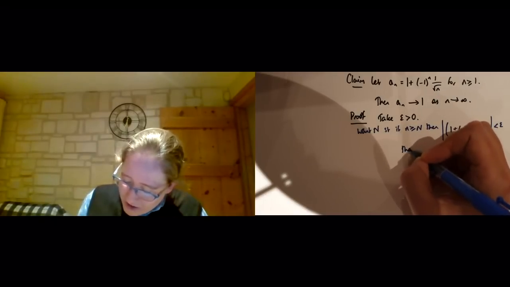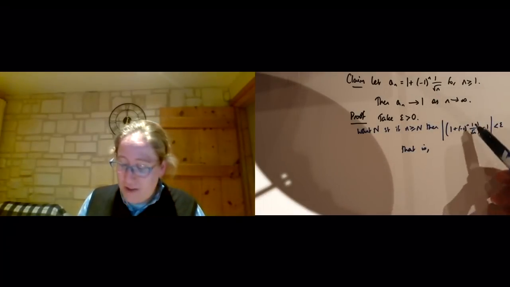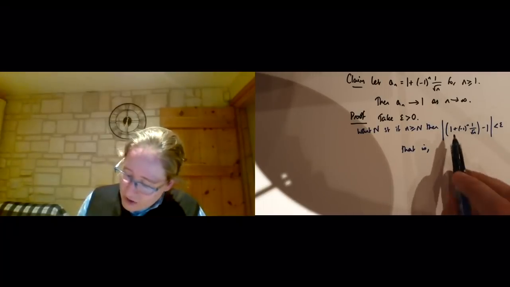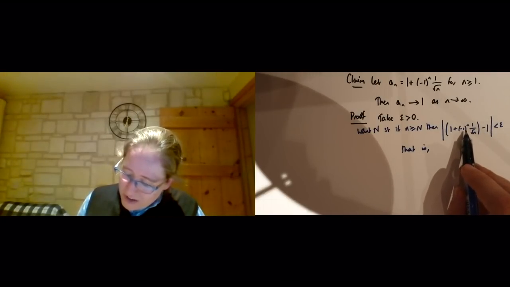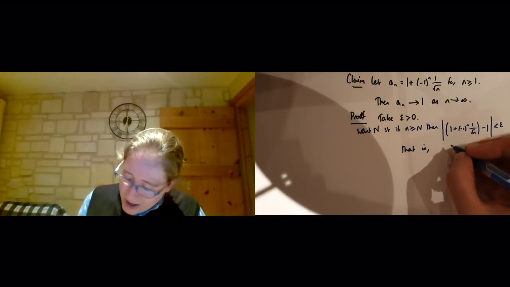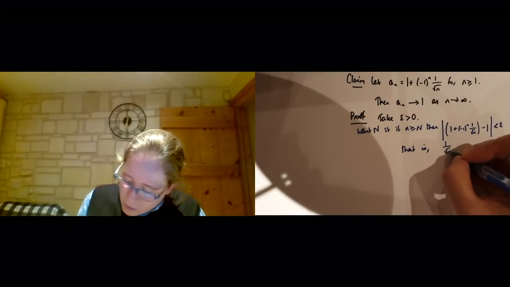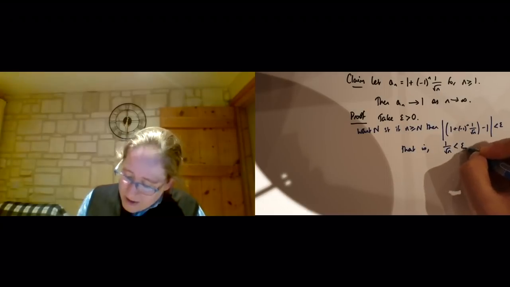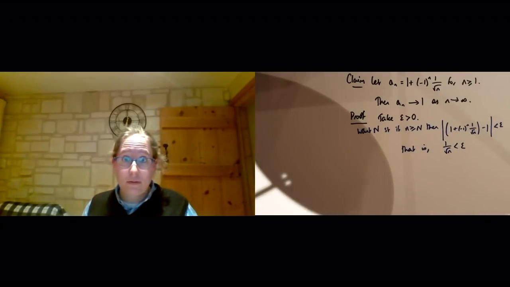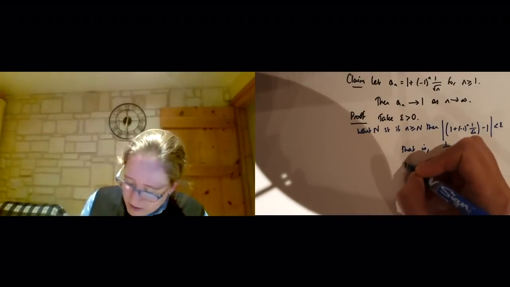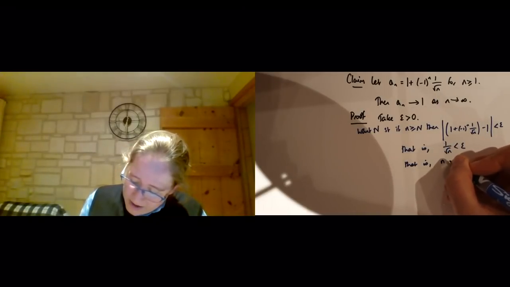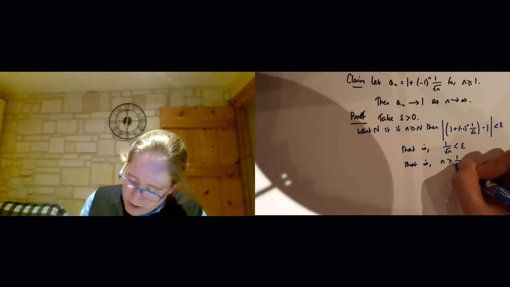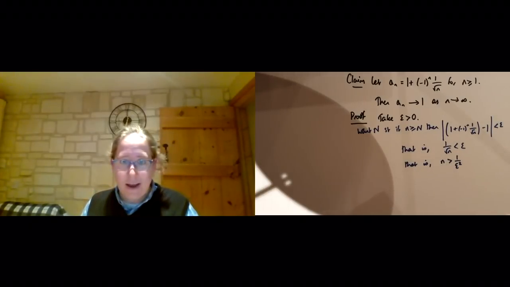So this inequality is the same thing as saying, so the ones cancel, 1 minus 1 cancel, and when I take the modulus signs, this (-1)^n is going to disappear. So what we're interested in here is that 1 over root n is less than epsilon. That is, n is greater than 1 over epsilon squared, this little n.